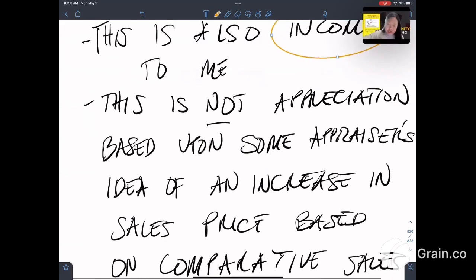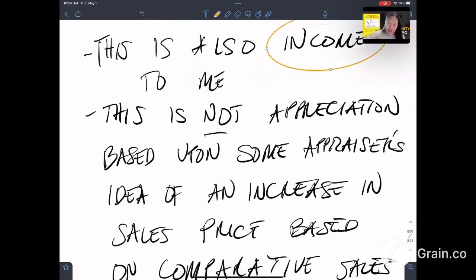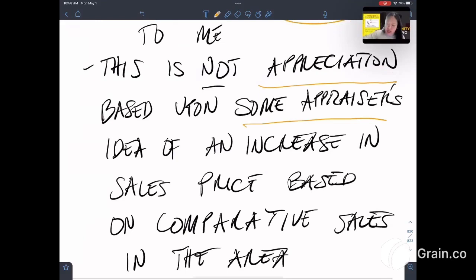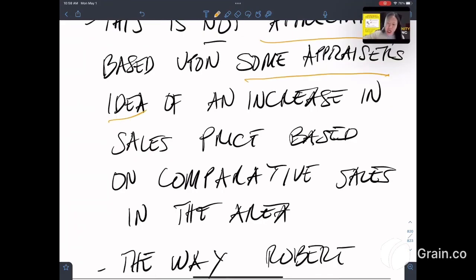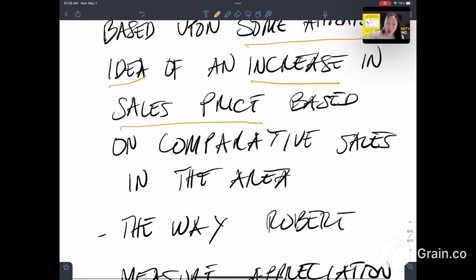Now, when you have big properties such as Robert Kiyosaki, in the hundreds, in the thousands, when they talk about appreciation, this is not appreciation based upon some appraiser's idea of an increase in the sale price based on comparative sales in the area.